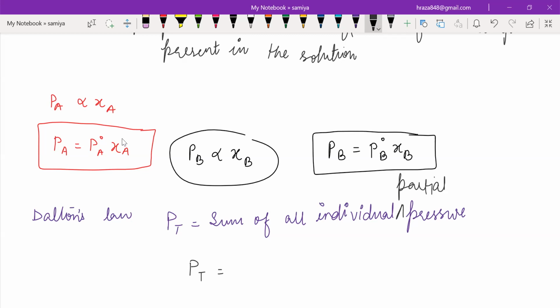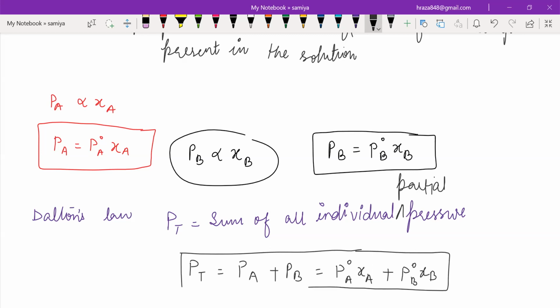Now, since we have only two components there, partial pressure of A plus partial pressure of B, or we can write in place of PA, P naught A zeta A plus P naught B zeta B. Please write it.